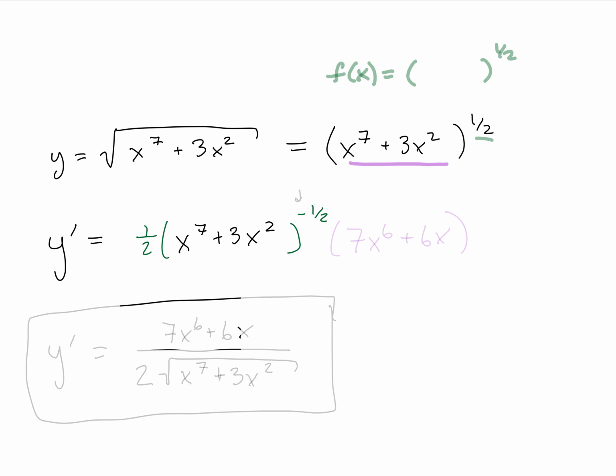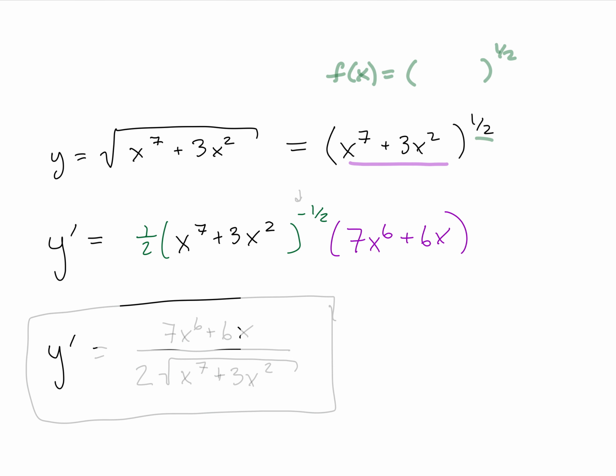And now we're going to multiply by the derivative of the inside. The derivative of x to the 7th plus 3x squared is 7x to the 6th plus 3x squared's derivative is 6x. And now we can rewrite that if we wish.